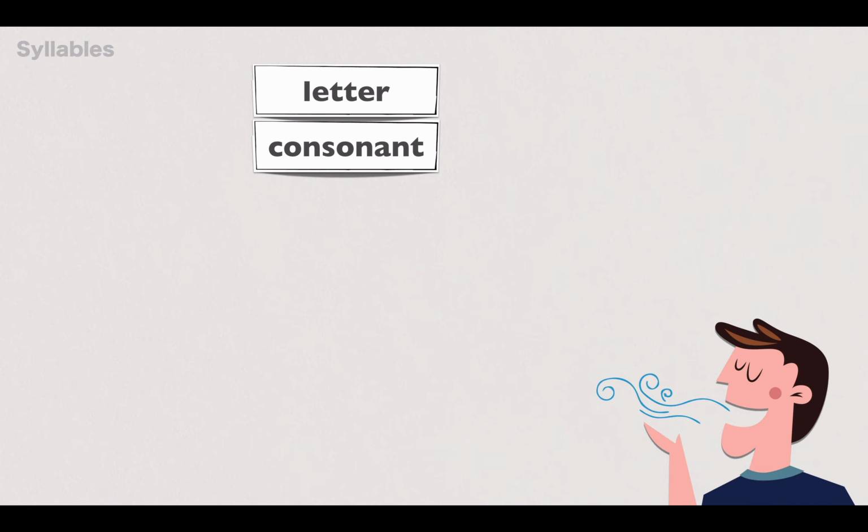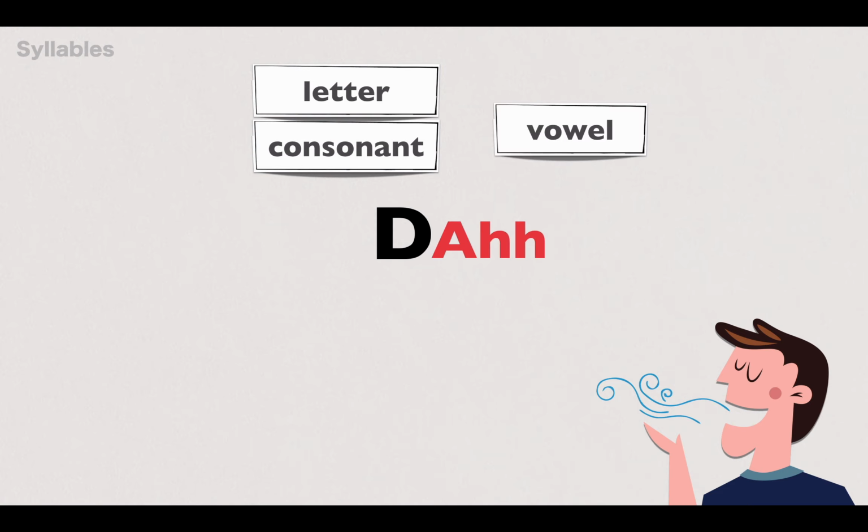For example, if I take the letter D and imagine it's a button, when I click this D button, I get the sound D, right? And I can't move along with this consonant. It stops.